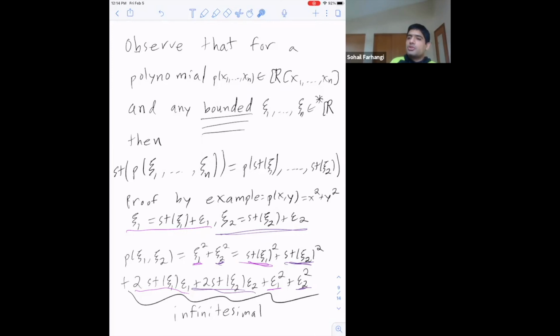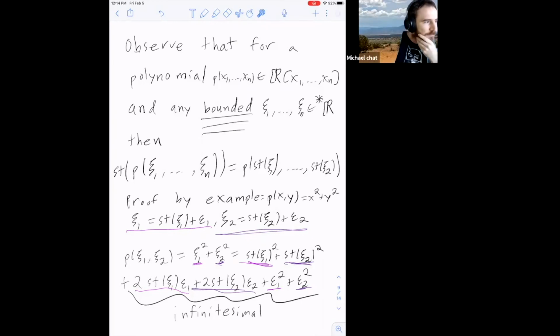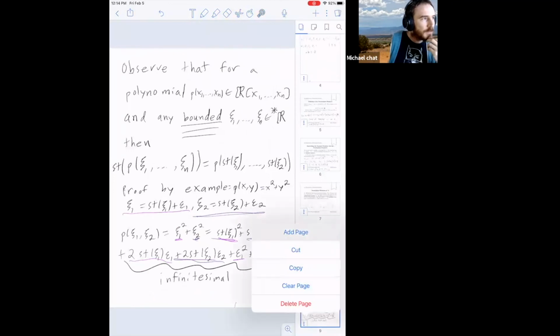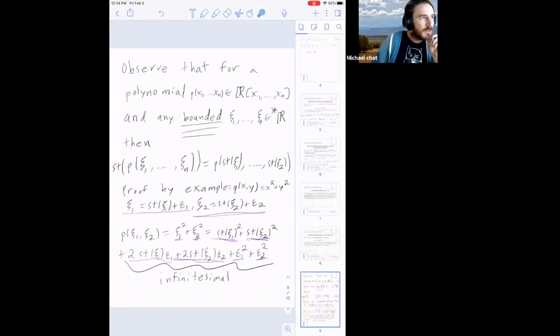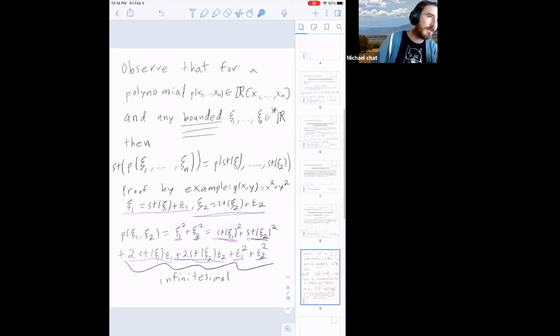It's not true for 1 over x, because the standard part of an infinitesimal is 0. Well, but 1 over x is not continuous at 0, so you want it to be continuous at the standard part of the number.